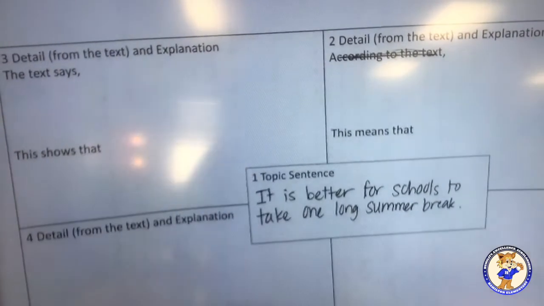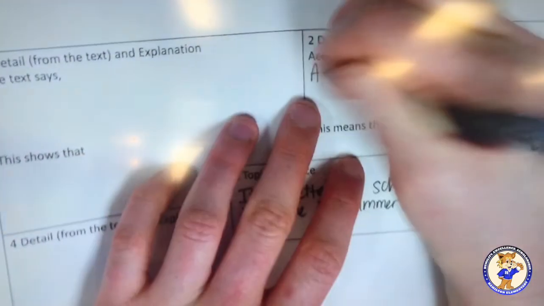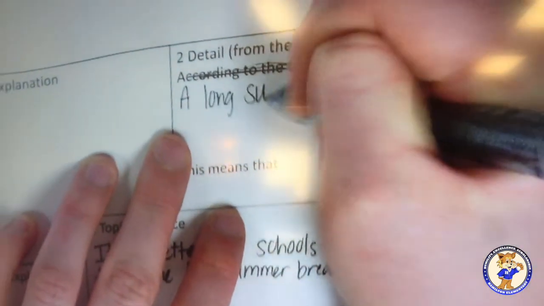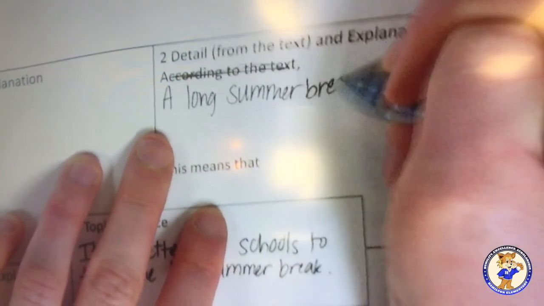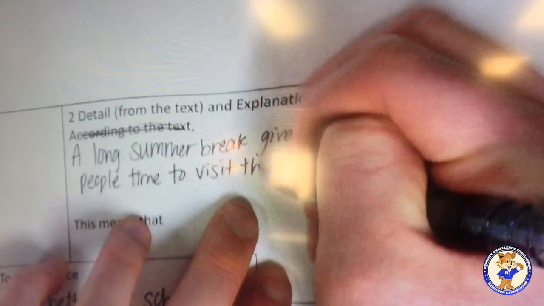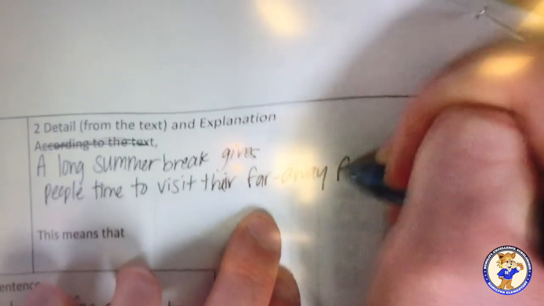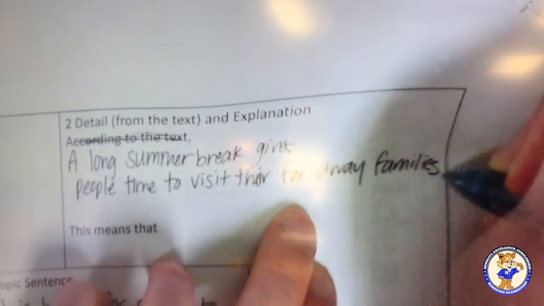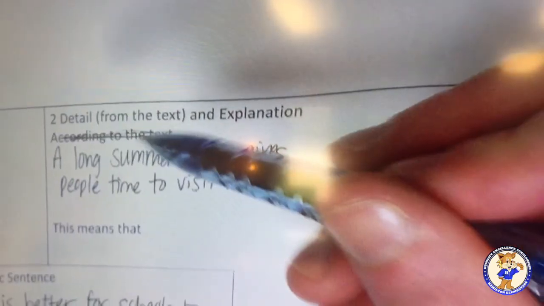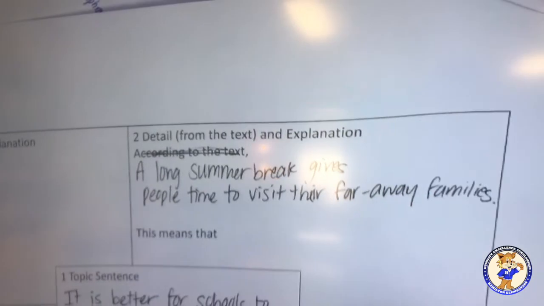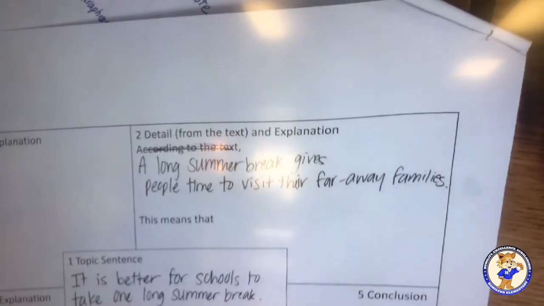Well, I know that when we take a longer summer break, a long summer break gives people time to visit their far away families. So there's one explanation, one detail that tells me why it is better for some schools to take one long summer break. And I can give an example from my life.